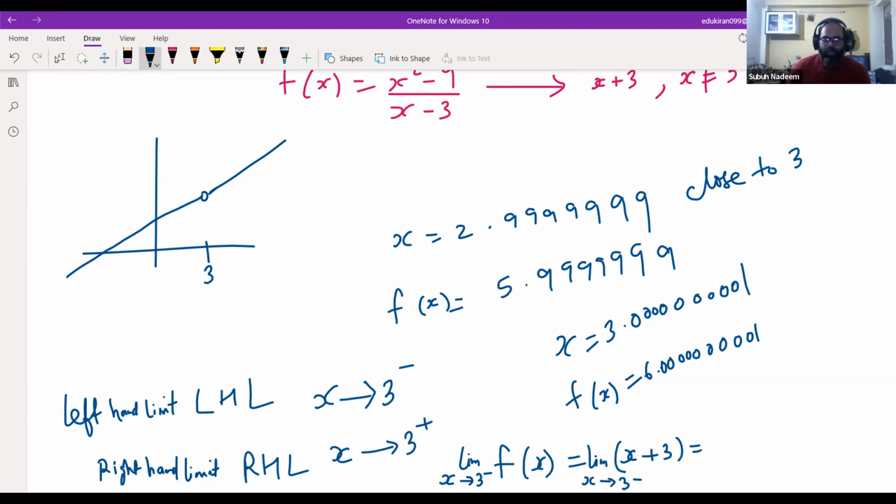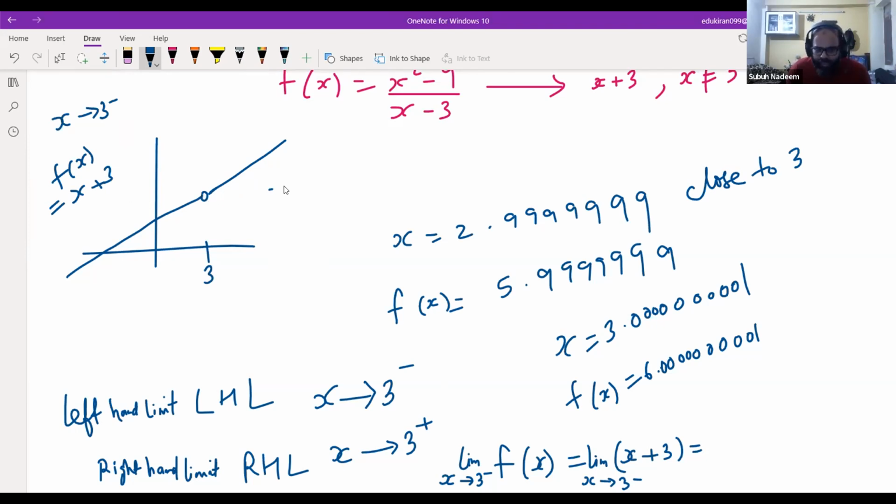So here x is not equal to 3. That is why we have put f of x is equal to x plus 3, because it is x approaching 3 minus. So you are still eligible to write f of x as x plus 3.